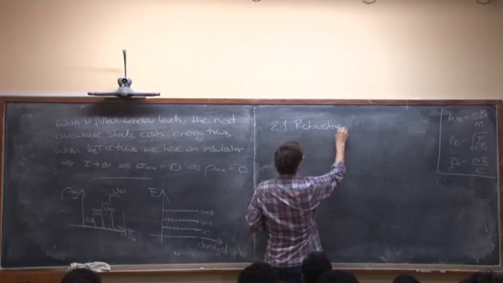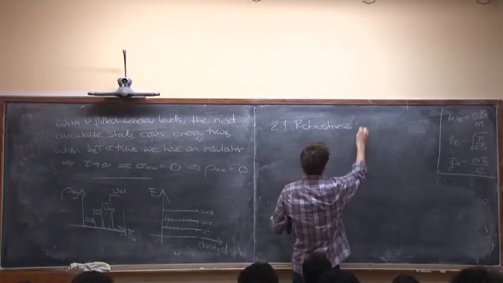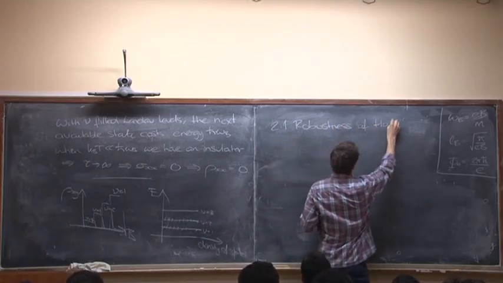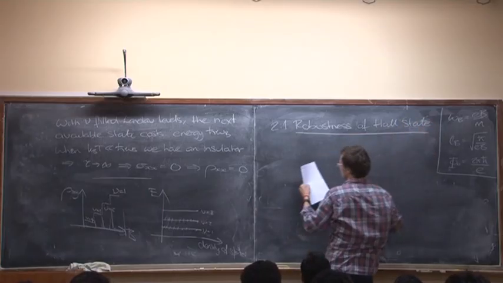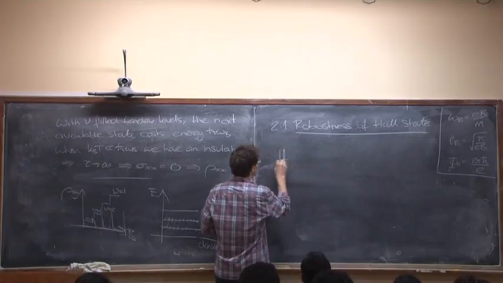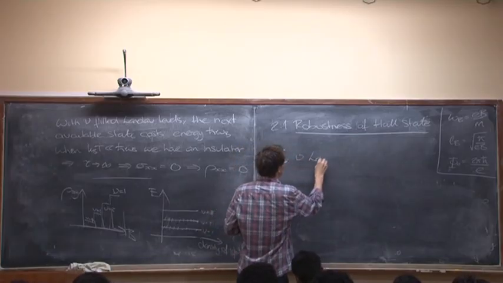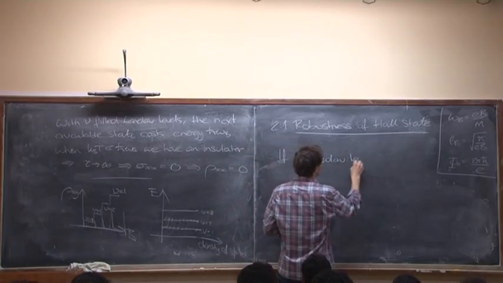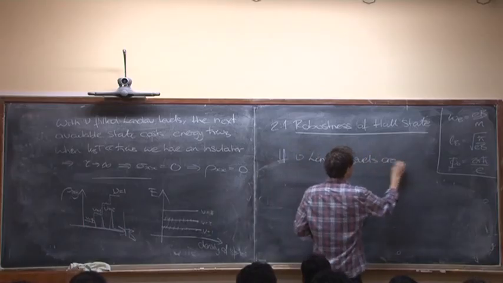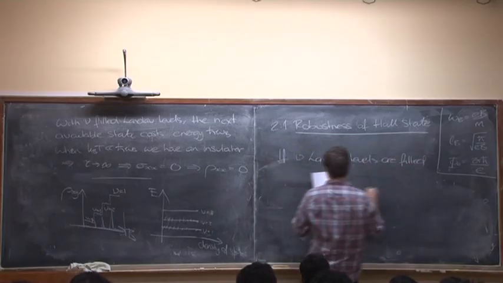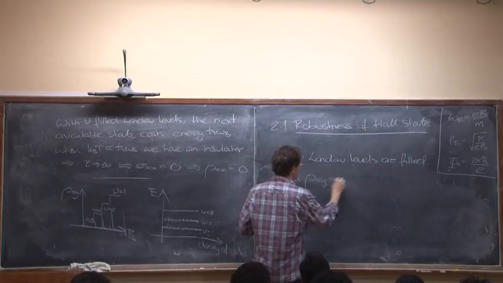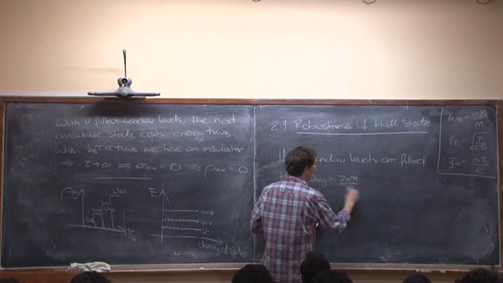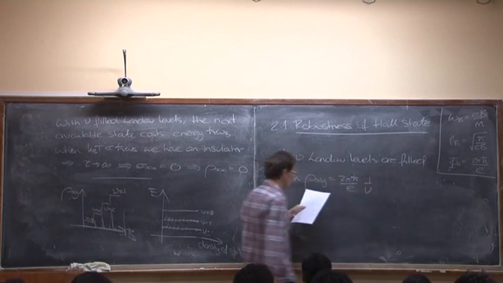let's focus on this question about why the quantum Hall state exists at all. So, the robustness of the Hall state. If nu Landau levels are filled, then rho xy takes this quantized value.